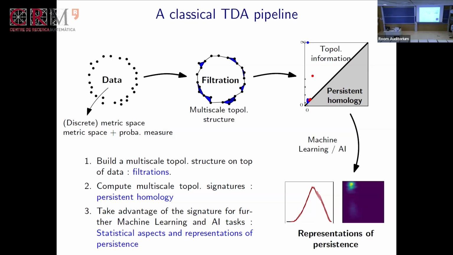As you can see, the way we get the topological information is in the form of a diagram, a set of points in the plane, which is in fact not very well suited to statistical analysis or machine learning, because you can see it as some kind of feature of your data. But in general, when you do machine learning, what you need as input for your features are vectors, objects living in vector spaces.